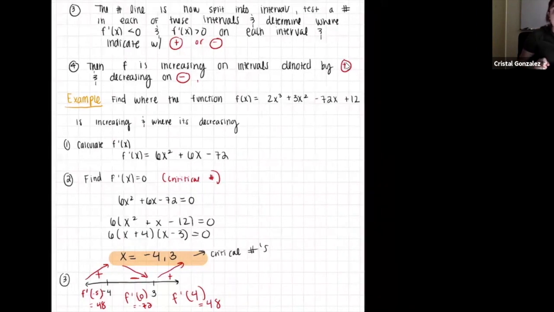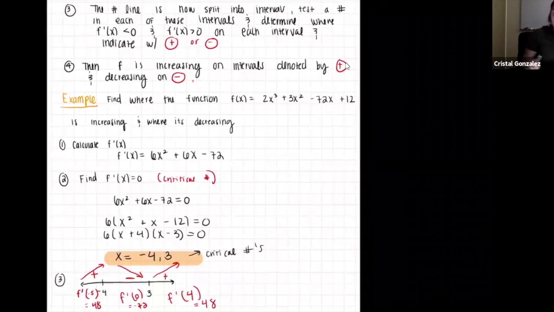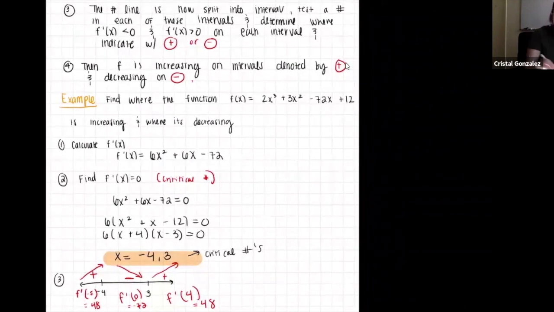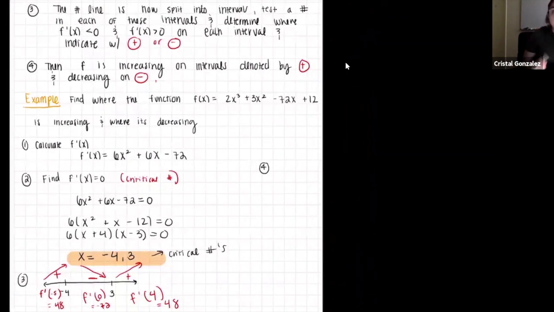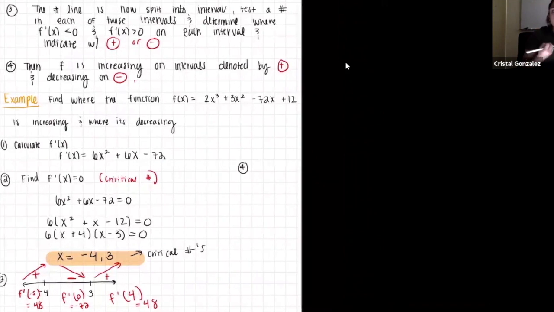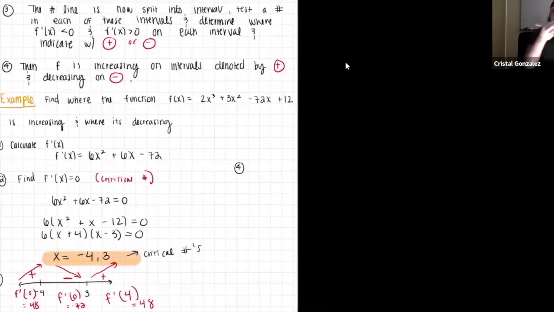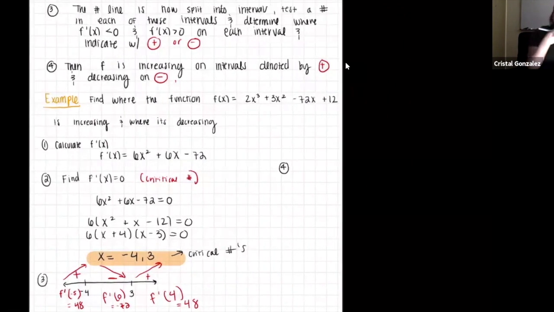Okay, so now let's do the fourth step right over here. Because for the fourth step, it says f is going to be increasing on intervals where the derivative is positive and decreasing where it's negative.